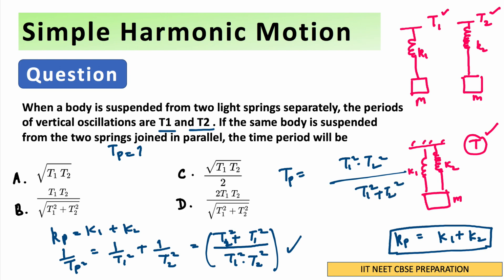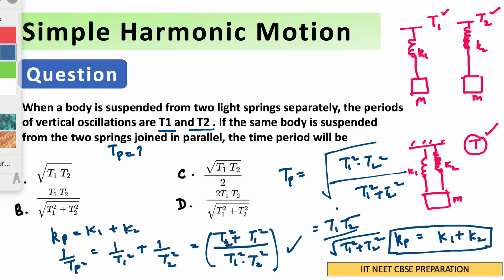Because this is Tp square, Tp is going to be the root over this. So it's going to be T1 T2 upon root over T1 square plus T2 square, correct? So this is going to be our final answer.